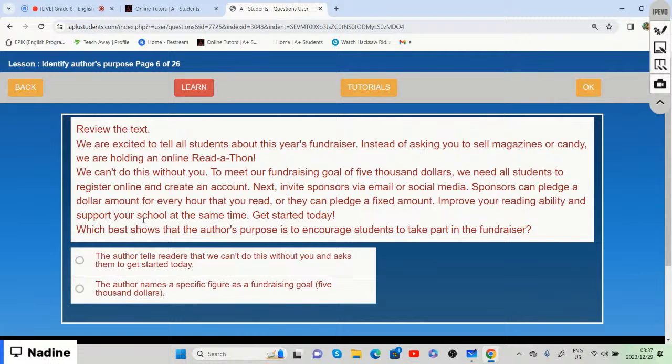I think the best answer that shows that the author's purpose is to encourage students to take part in the fundraiser is to tell readers that they can't do it without the students and that the students need to get started today, because they also made mention that when students start today, they can invite other sponsors via email and social media to take part in the readathon.